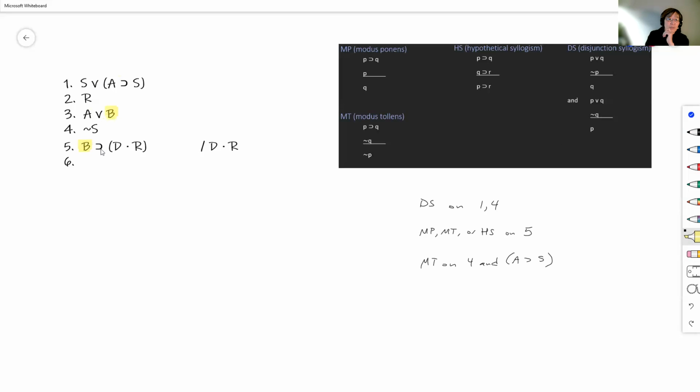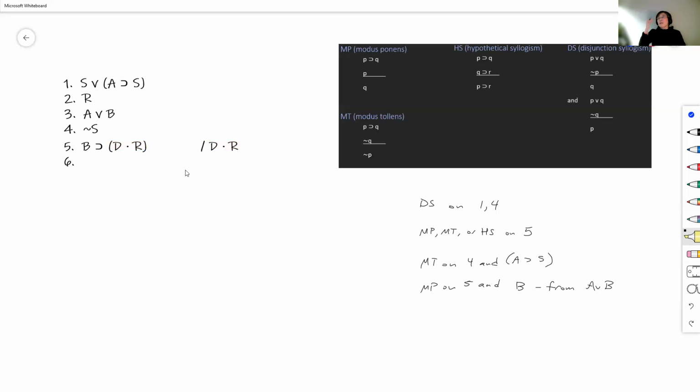And that's one of the disjuncts on line 3. We don't currently have a way to derive B. But again, that's a possibility to keep an eye out for. And of course, if we could derive B somehow to use modus ponens, then we'd be deriving the consequent, which is our desired conclusion, and then we'd be done with the proof.